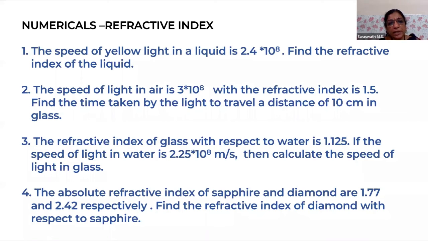In air, it will be 3 into 10 to the power 8 divided by 2.4 into 10 to the power 8. That will give you the refractive index of the liquid, the absolute refractive index of the liquid. So it will be 3 divided by 2.4.